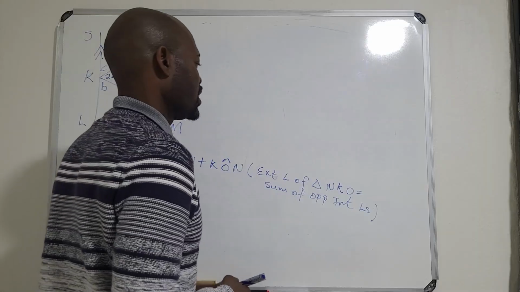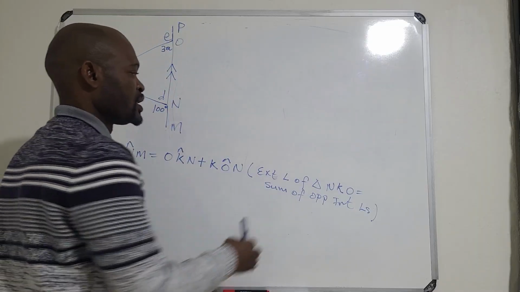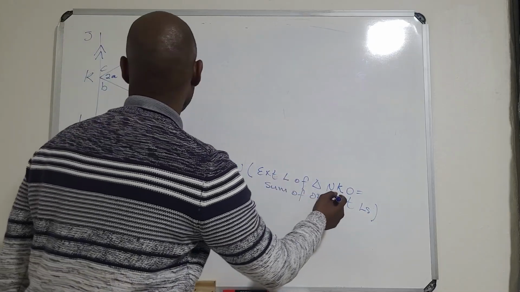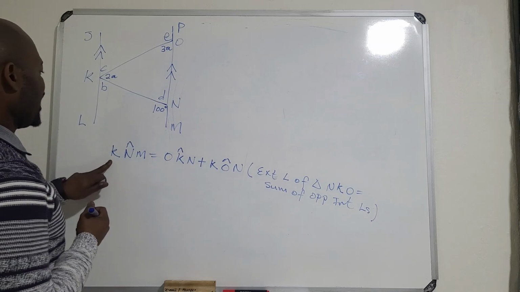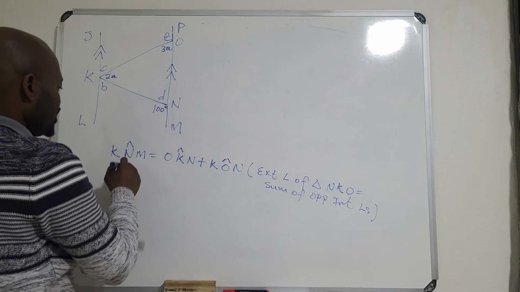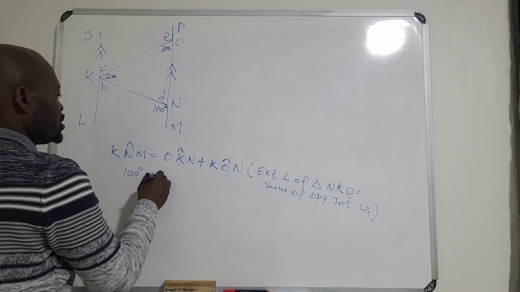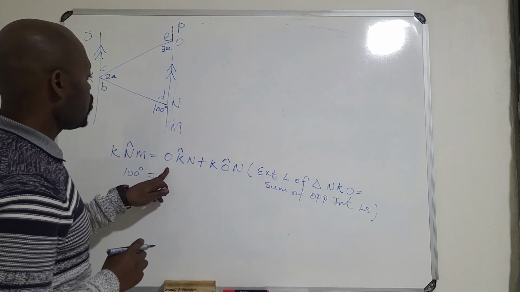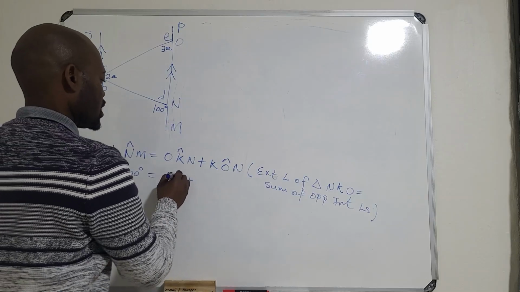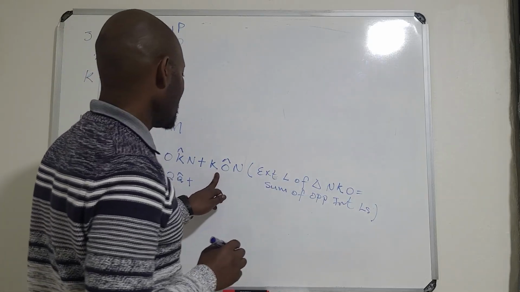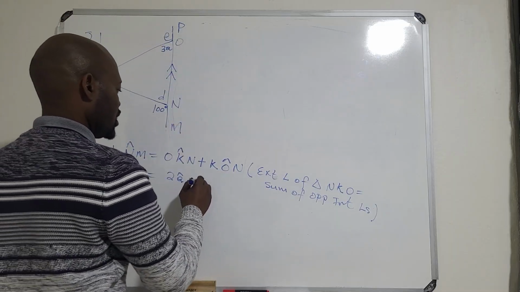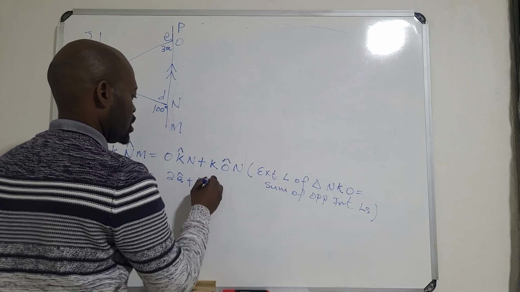Exterior angle of a triangle NKO is equal to the sum of opposite interior angles. Angle KNM is equal to 100 degrees, which is equal to angle OKN, 2A, plus angle KON, which is 3 angle A.